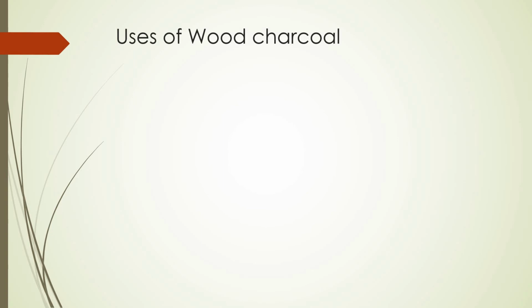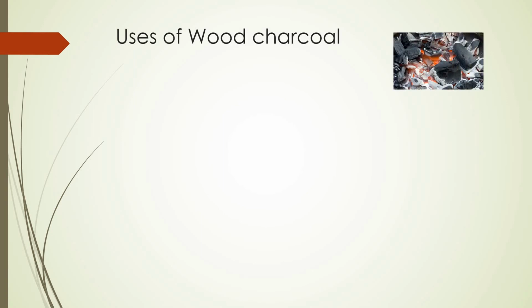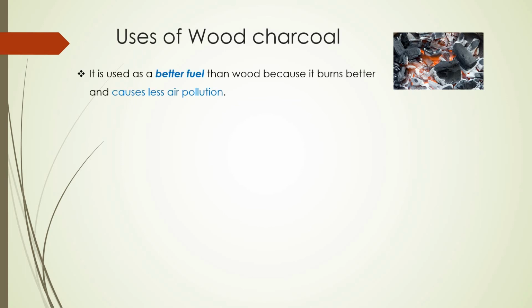Let us see now some important uses of wood charcoal. Wood charcoal is a better fuel than wood because it burns better and causes less air pollution. So it is a preferred fuel over wood. Powdered wood charcoal is also used to make gunpowder.